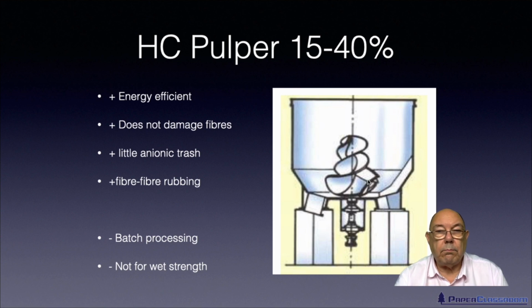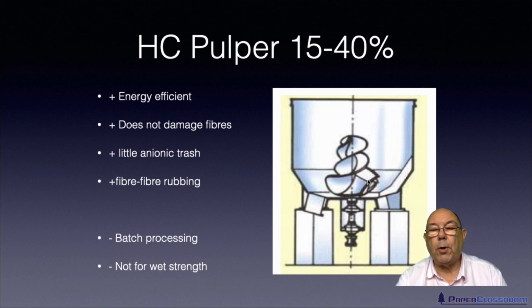If you imagine that you've got 30% consistency in there. That means 30 kilos of fibre to 70 kilos of water. So that energy is going into 30 kilos of fibre, helping to pull them apart.